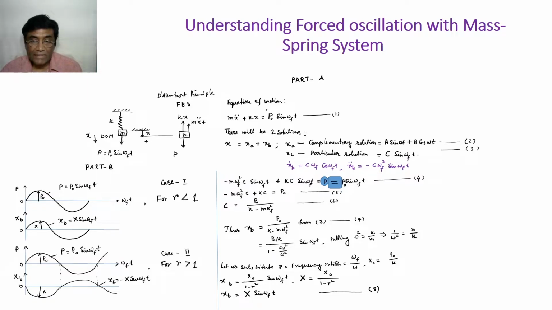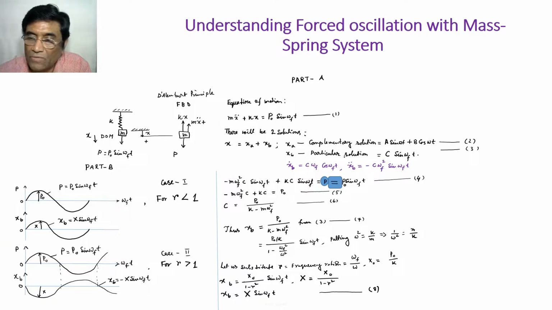Now, since this type of differential equation has two solutions, as you know, the total solution x will be xa plus xb. Here xa is known as the complementary solution, which is equivalent to putting the right side equal to 0.